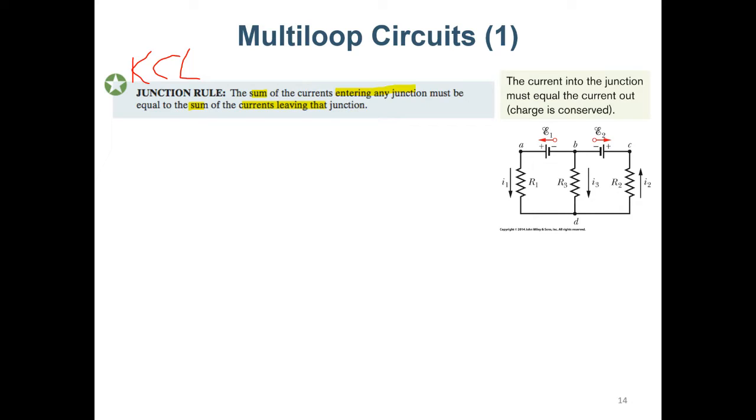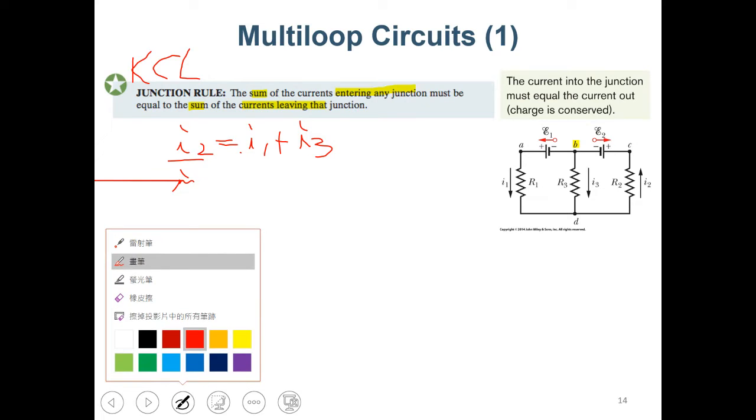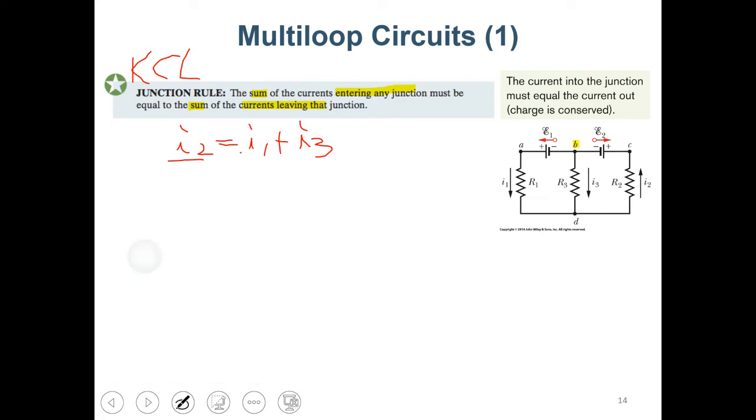Which means that, for example, for point B, the current going into this junction, I2, is equal to I1 and I3 added together, which means that I2 should be equal to I1 plus I3. This is going in, this is going out.